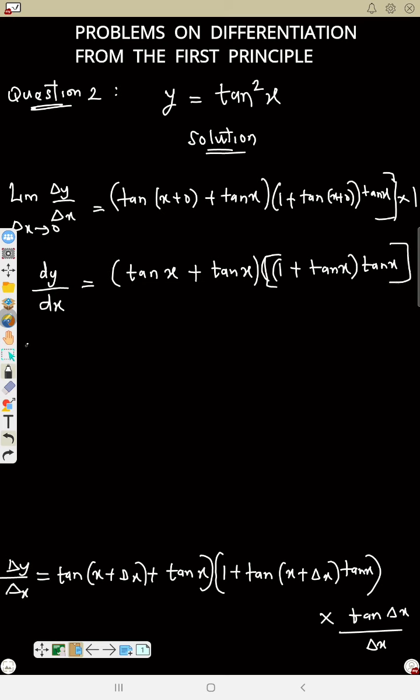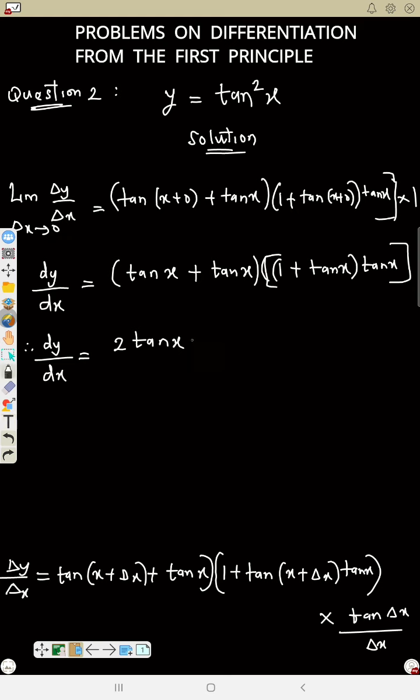So dy over ds will be equals to 2 tan x, because 1 tan s plus 1 tan s, that will be 2 tan x.